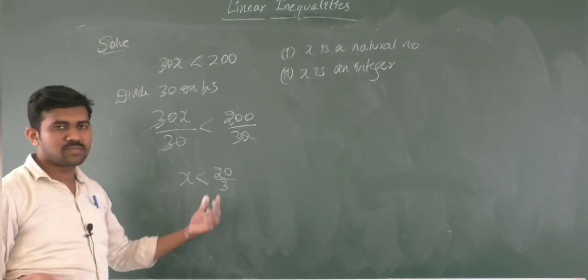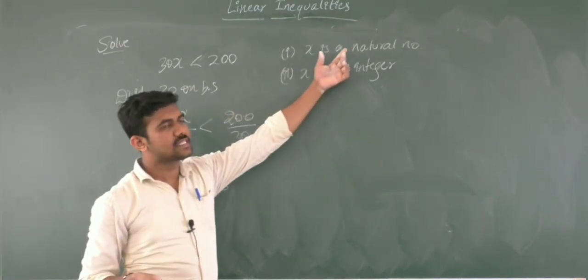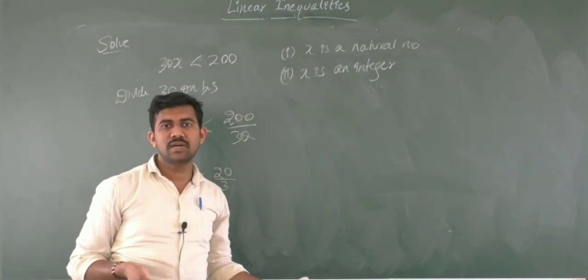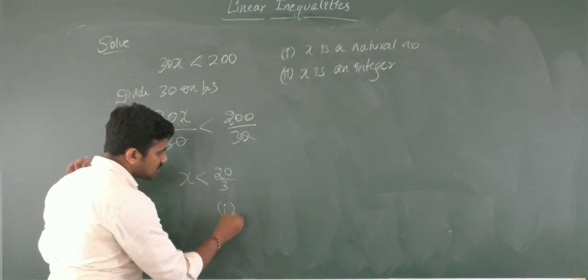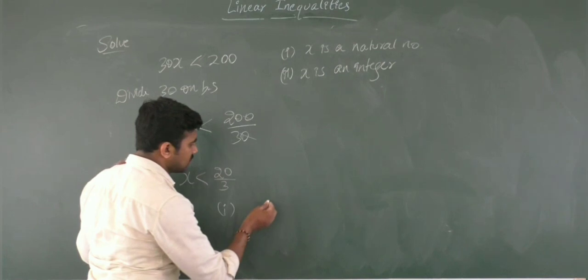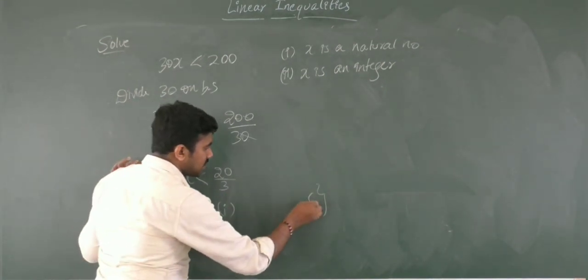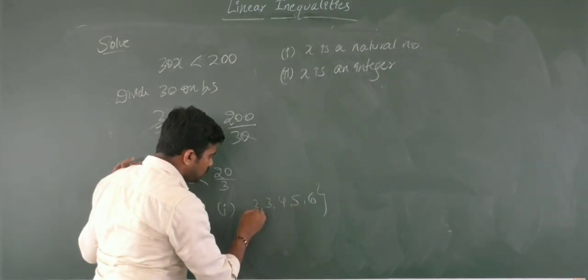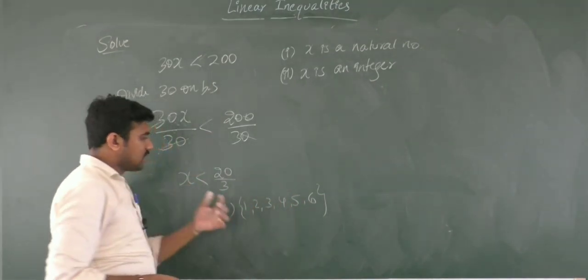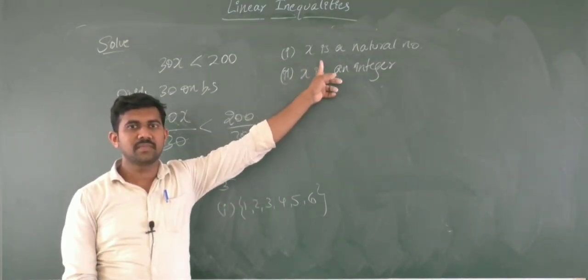It is 6 point some value. So when x is a natural number, the natural numbers less than 20 by 3, that is less than 6 point something, are 6, 5, 4, 3, 2, 1. This is the solution set when x is a natural number.